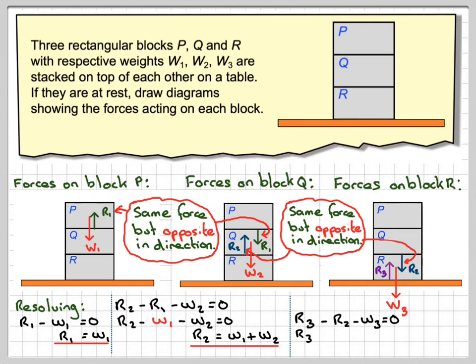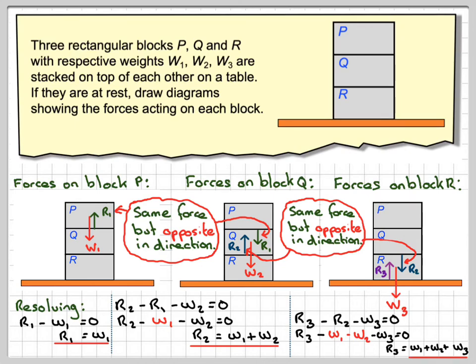So R3 minus W1 minus W2. Remember, if you do minus and put brackets in, then that will become a minus. Minus W3 is equal to 0, and therefore R3 is the reaction having W1 plus W2 plus W3 acting on this point.